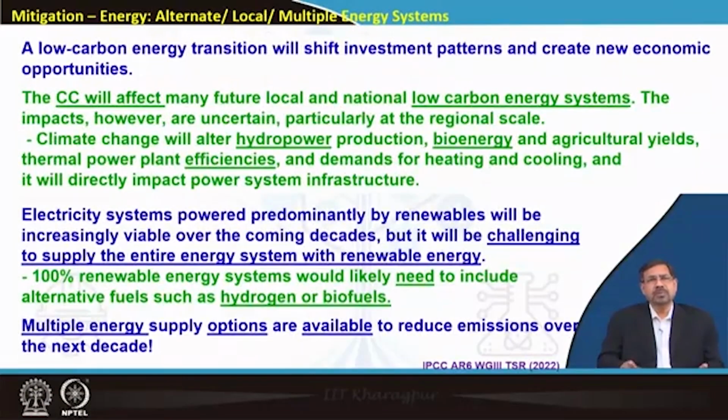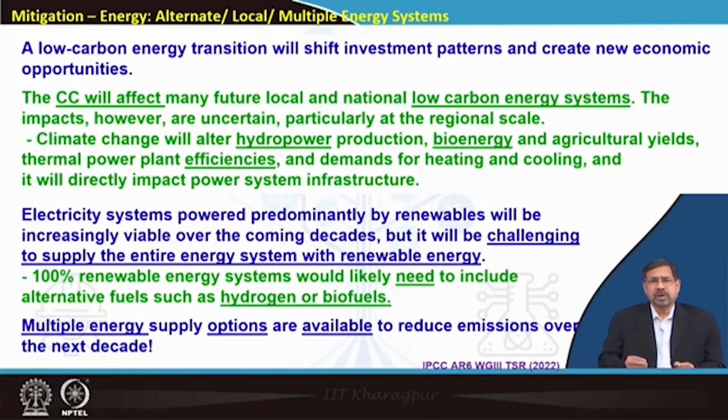So, now coming to the transition, from a high carbon energy system which currently exists to a low carbon energy system, this transition or shift will lead to a shift in the investment pattern, so that new economic opportunity will come.